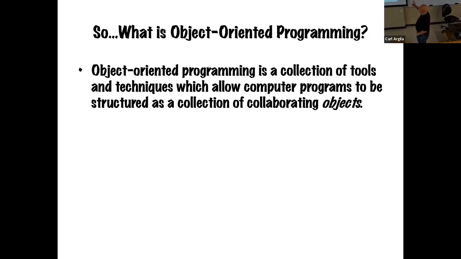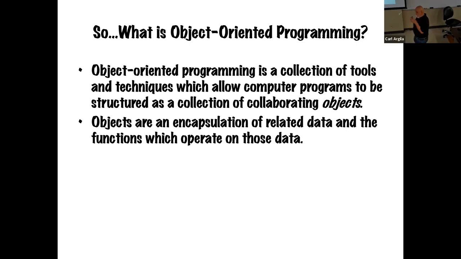So let me answer one of the questions I promised to answer at the start of this. What is object-oriented programming? Object-oriented programming is a collection of tools and techniques which allow computer programs to be structured as a collection of collaborating objects. What does that mean? Well, I'll have some illustrations coming up. What are objects?